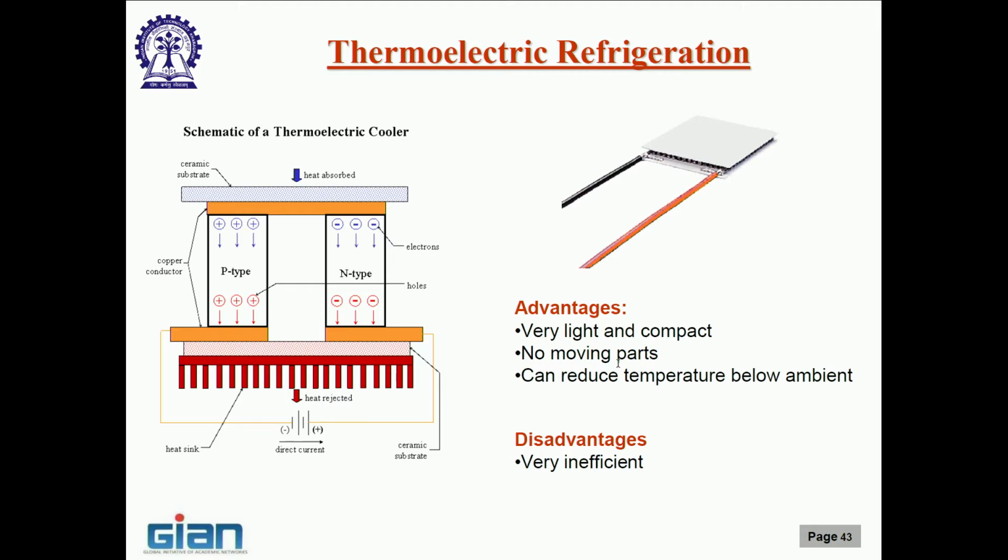A thermocouple typically is two wires of two dissimilar materials joined at one end, which is the hot junction, it can be the cold junction also, which we put on the surface whose temperature we want to measure. The other end is put at some standard temperature, and by measuring the voltage across, we can correlate that voltage to a temperature.